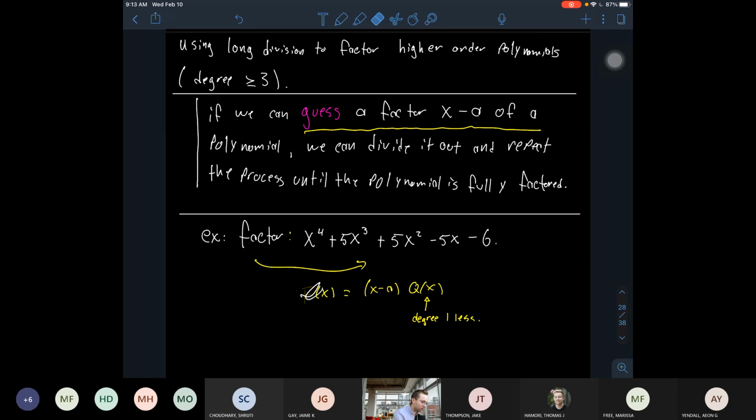So the way that we have to do this is by remembering f of c equals 0 implies x minus c is a factor.